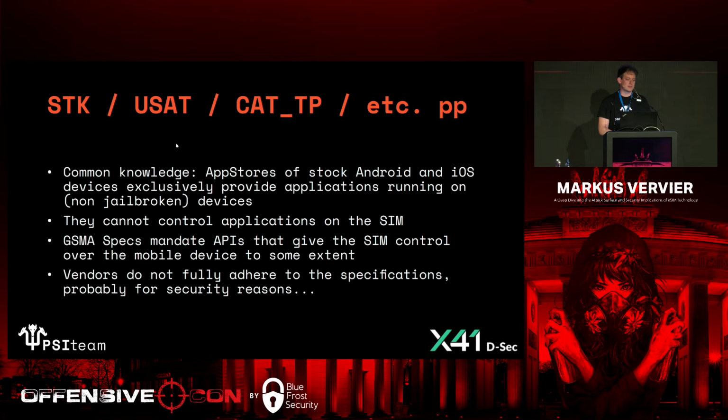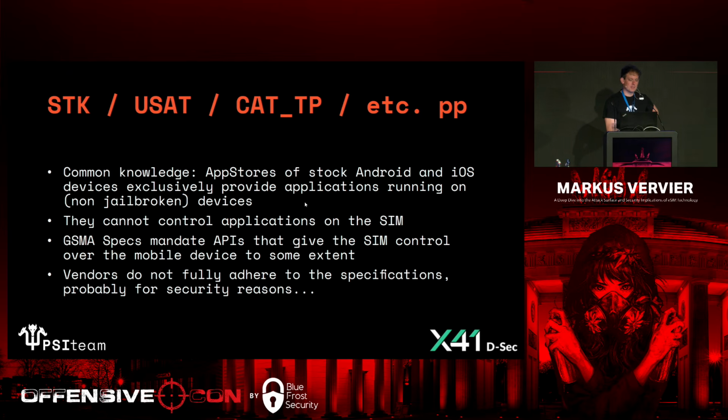But still, it's called SIM Toolkit, USIM application toolkit, and card application toolkit, the recent one, I think. The interesting thing is, it's common knowledge that the app stores on iOS or Android are pretty locked down. So on non-jailbroken devices, you cannot just install anything. It has to come from the App Store.